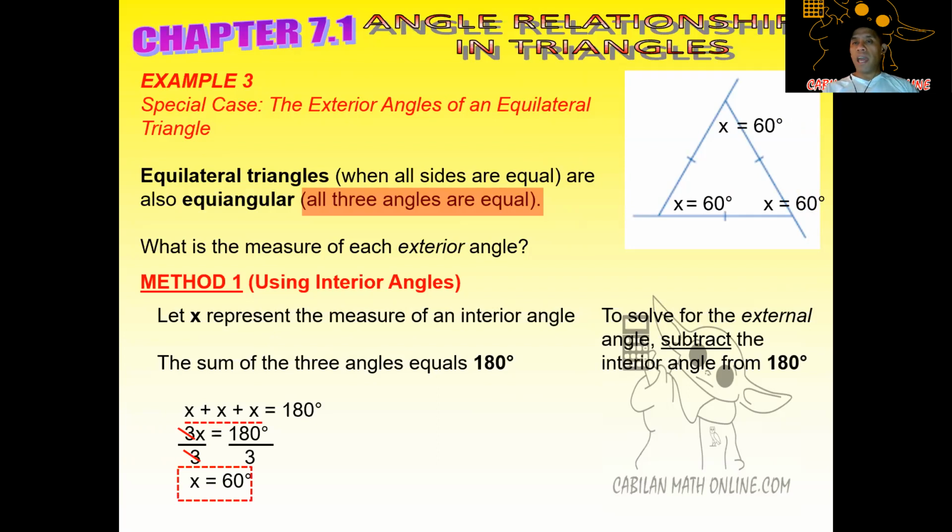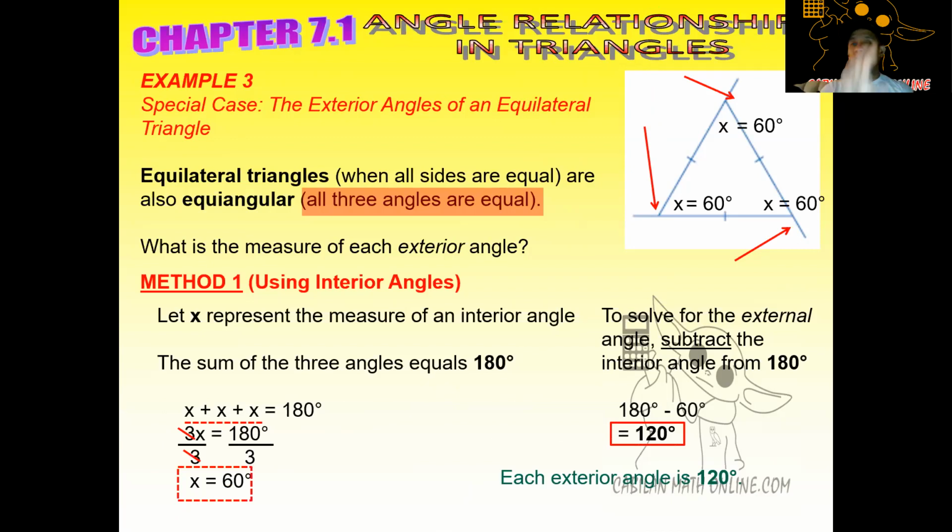Since all three angles will be the same, we only have to do this one calculation: take the 60 and subtract it from 180. So each of these exterior angles will be 120 degrees. That's one option. Notice that we had to solve for the interior angles first, then use supplementary angles, so technically we did two different calculations.